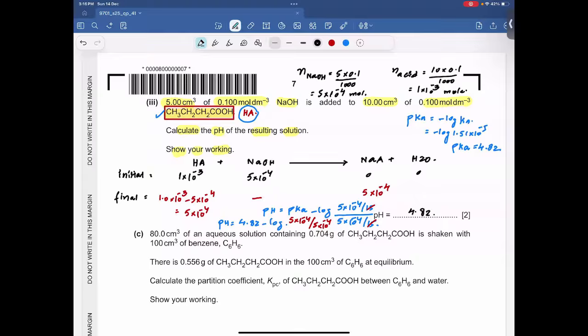It will remain same. And by the way, that's also called half neutralization point, where the concentration of acid and the concentration of salt are equal. Because at half neutralization point, the value of pKa is always the value of pH. Okay, if you remember, we have done that in the class.